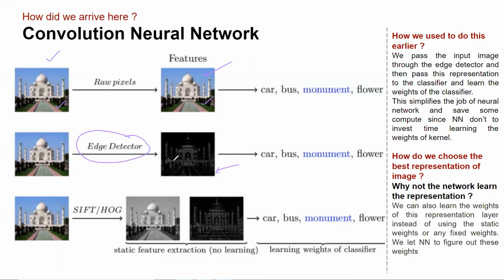Back in those times, people used to apply lots of filters, lots of techniques for transforming their image, and they used to put the transformed image into their neural network, and that neural network used to say what category this particular image falls into. Even now, this is a better practice.